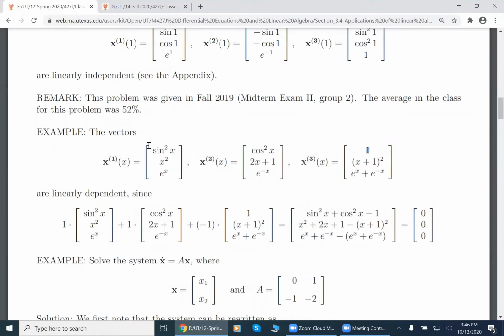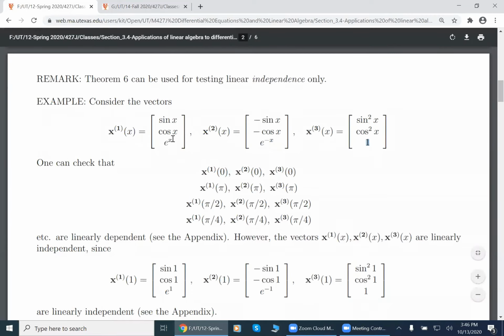And you said for the previous problem, since there isn't an identity, we just try plugging in values? Yes, absolutely. So we just don't know how to combine e^x and e^(-x) in order to get 1. We've never seen such an identity: C1 e^x plus C2 e^(-x) is equal to 1.